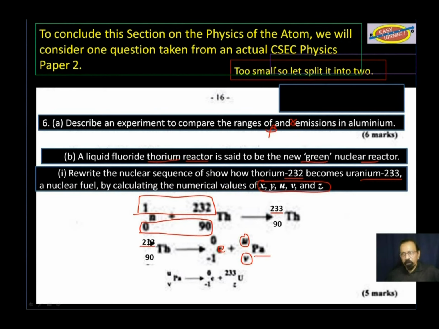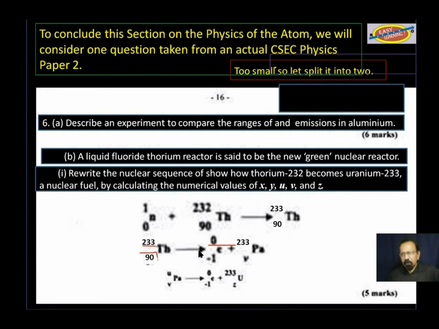So if you have 233 here and you have 0 here, then this one here must be 233 as well. This 0 plus that must give you 233, so this here is 233.